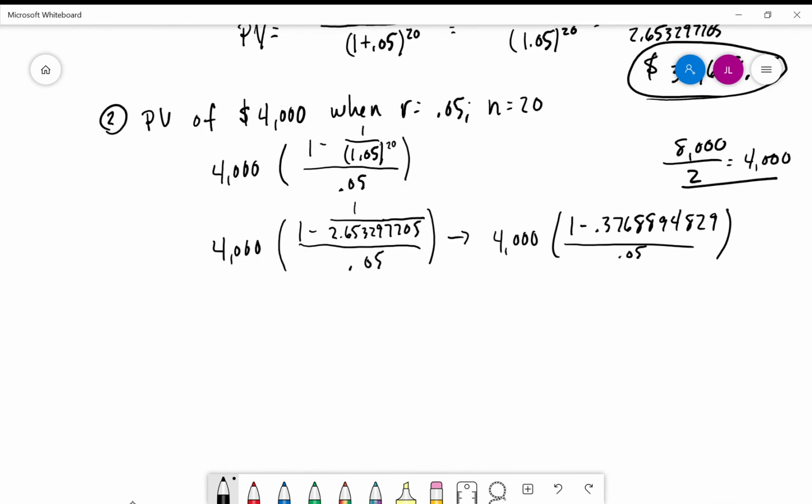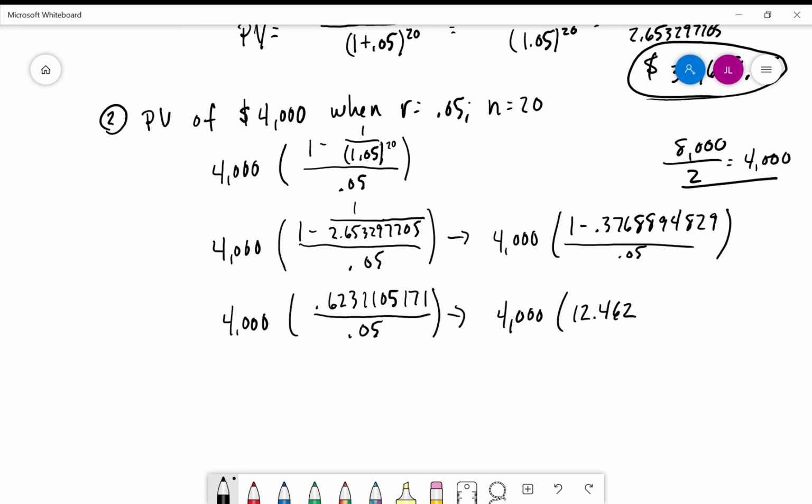So moving down here, we will have 4,000 multiplied by 0.6231105171 over 0.05. And now if we divide by 0.05, we get 4,000 multiplied by 12.46221034.